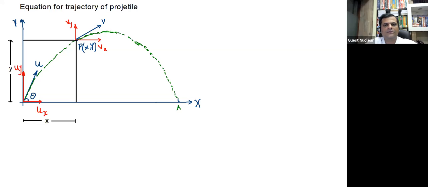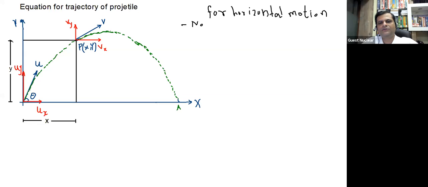Yes, so if we apply the kinematic equation in horizontal motion, or we can say the motion along the x axis, first be clear that in horizontal motion there is no acceleration, correct. Why?